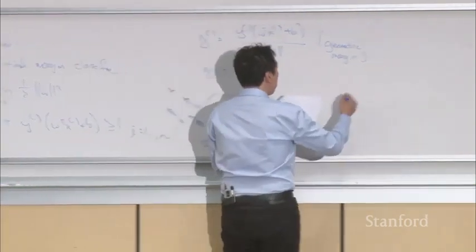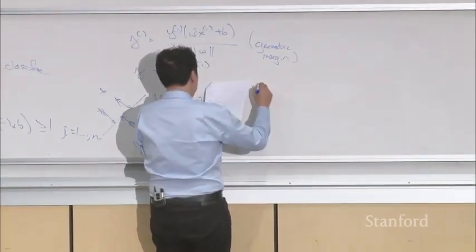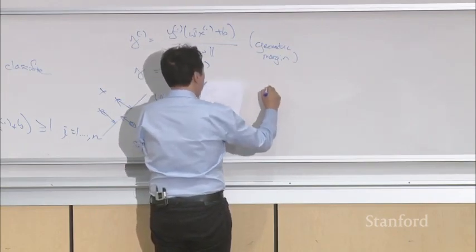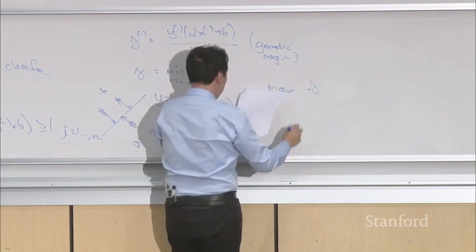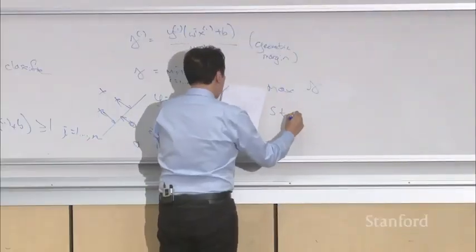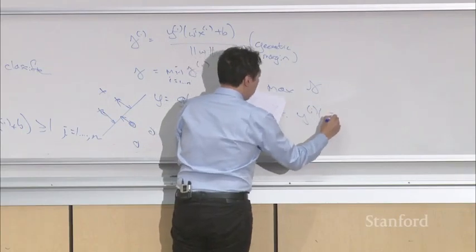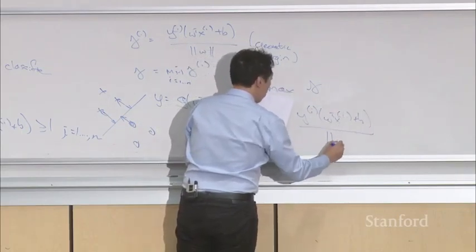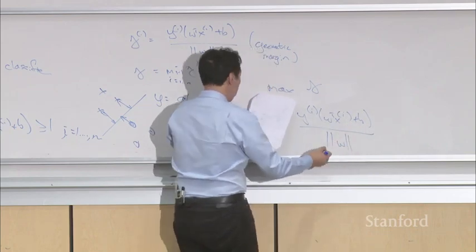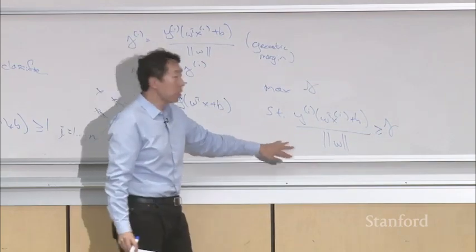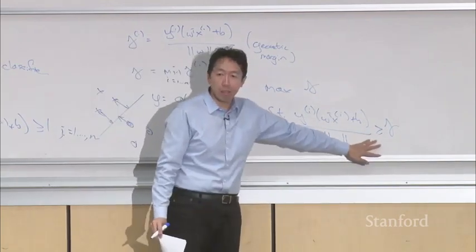One way to pose this as an optimization problem is to try to find the biggest possible value of gamma subject to the geometric margin being greater than or equal to gamma, right?